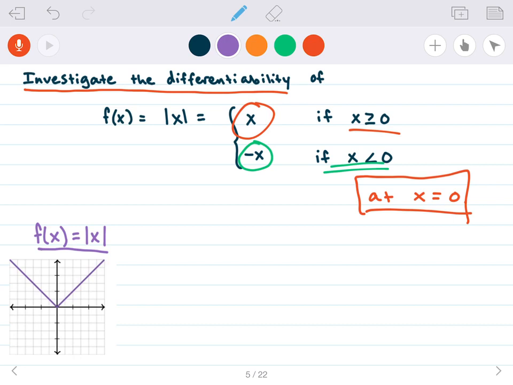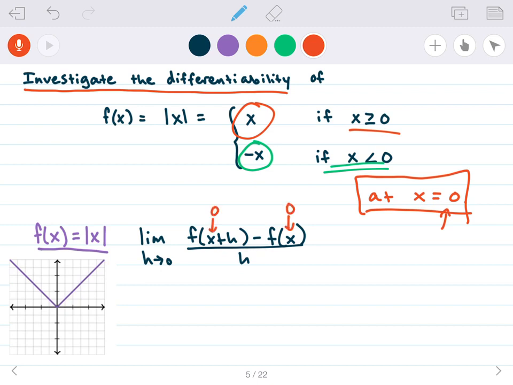So we need to figure out whether this thing is differentiable at x equals 0. And to do that, I'm going to use my limit definition of the derivative and see what happens. So we have the limit of f of x plus h minus f of x all divided by h. And since I'm looking at what happens when x equals 0, I'm going to plug in 0 for x.